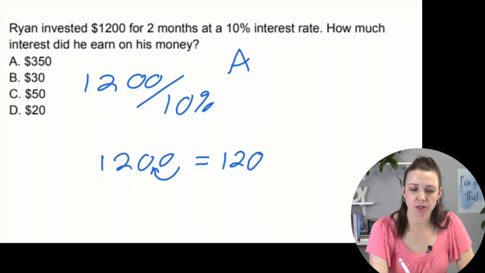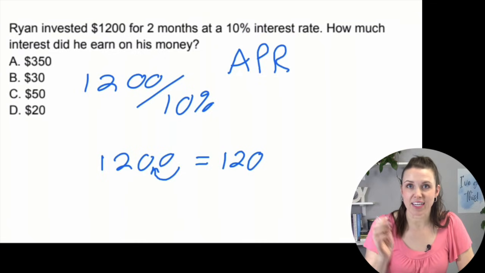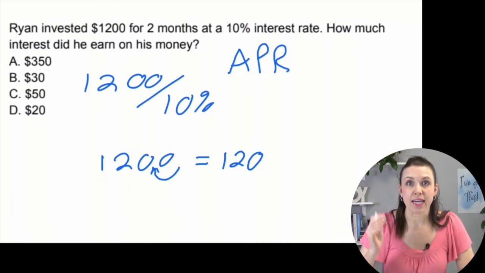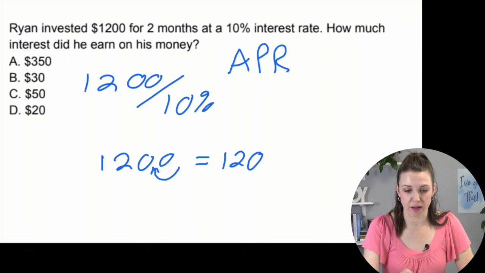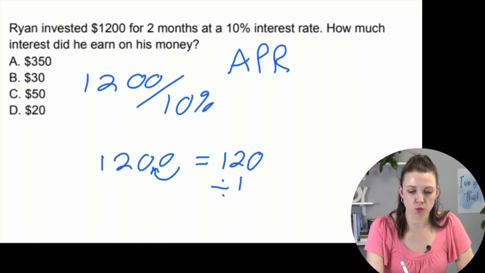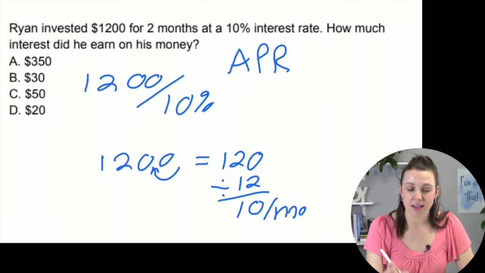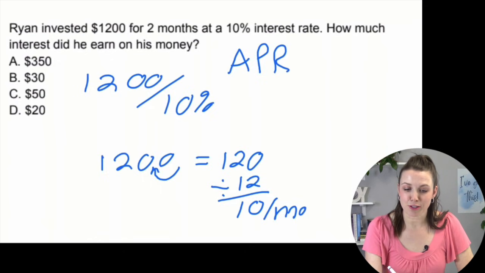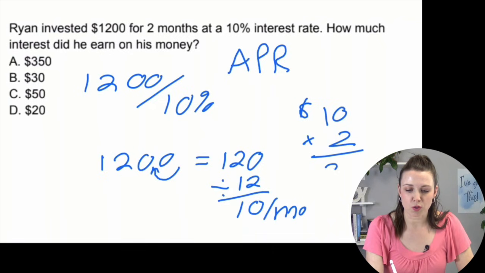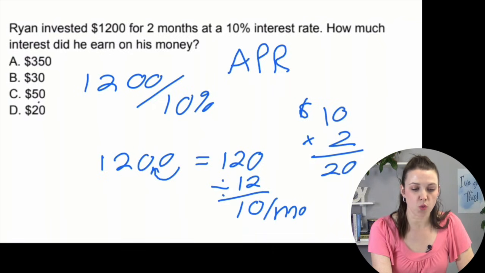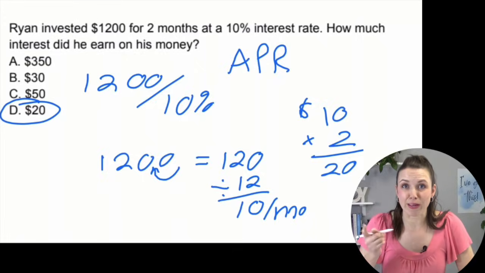It's called annual percentage rate. Maybe you've heard that. That means that the 120 is actually broken down into 12 months. So we're going to divide the 120 by 12 and we get a nice easy 10. So he's making $10 per month. How many months is he doing it? 2, right? So we're going to say $10 times 2 equals $20. So he is making $20 in simple interest.